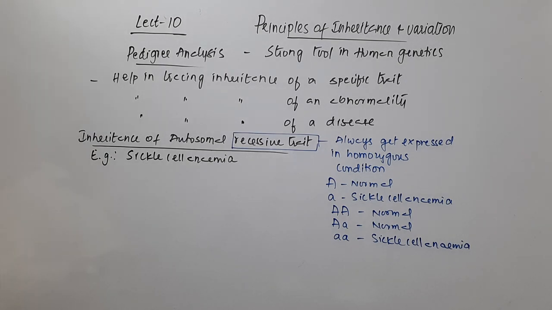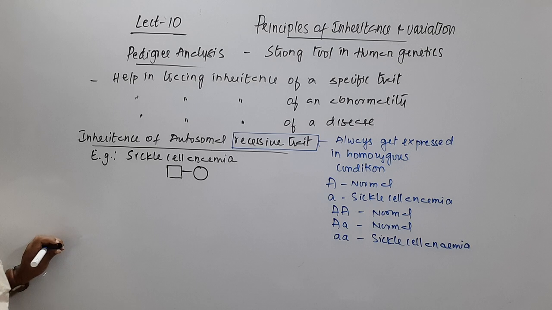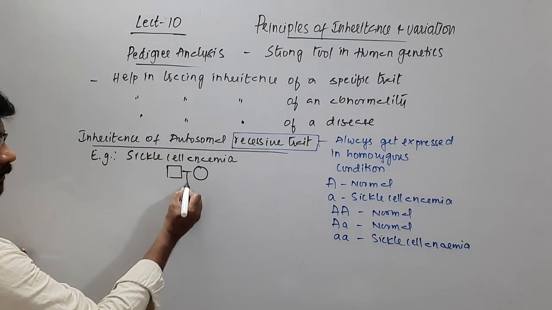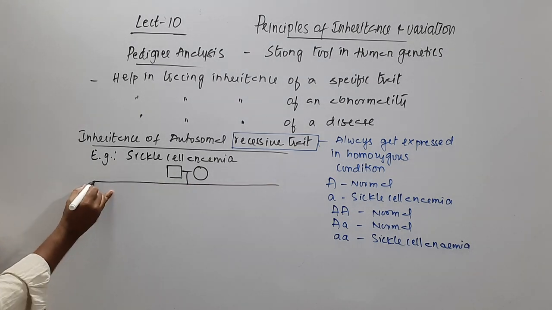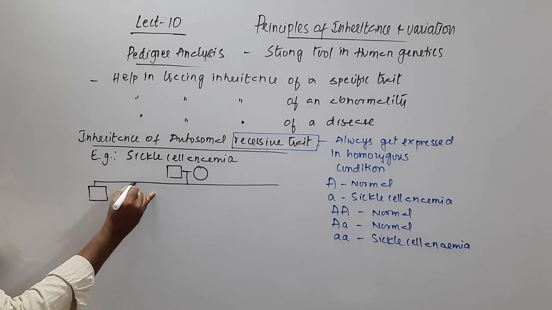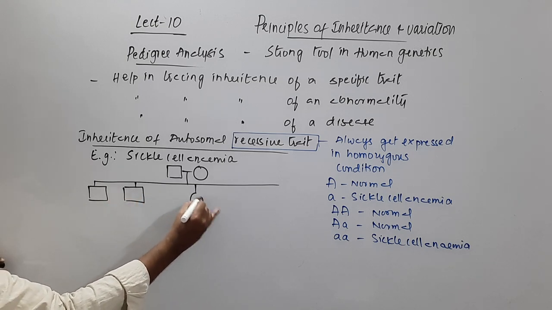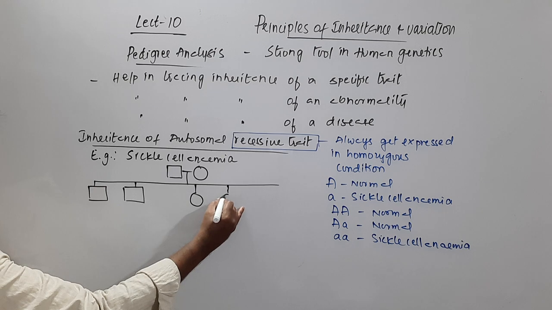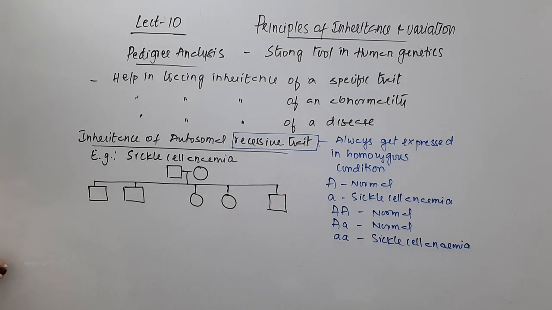So let's see here. A normal male marries a normal female, and they have a total of five children. First a son, the next a son, then a daughter, then again a daughter, and lastly again a son.